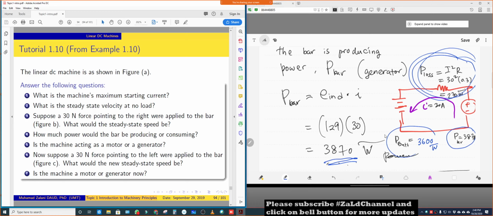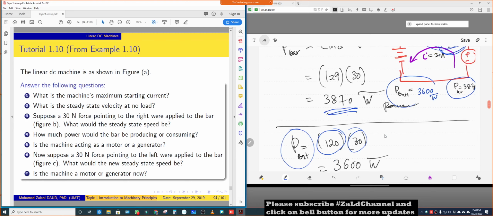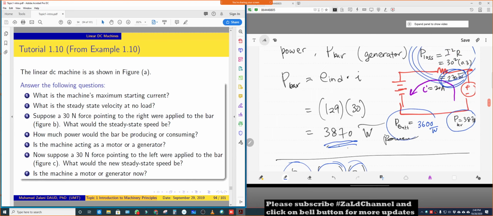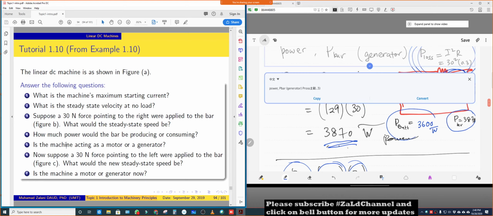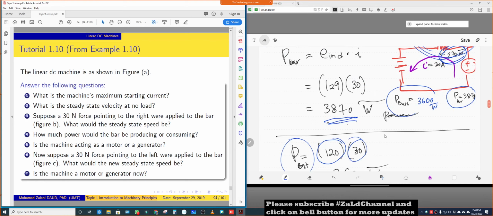So we get about 270 watt of power dissipated across this resistor. So we have the power loss, power from the bar, and power from the battery. Then, of course, we can also calculate its efficiency.